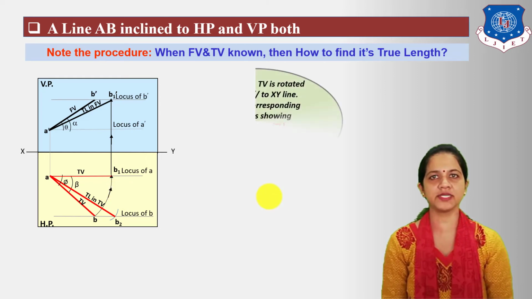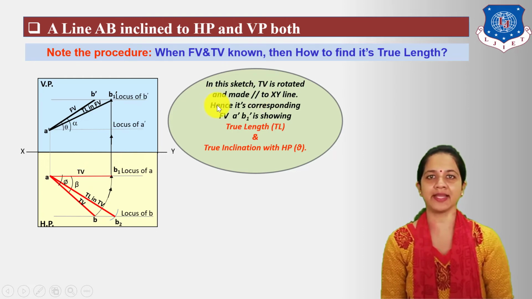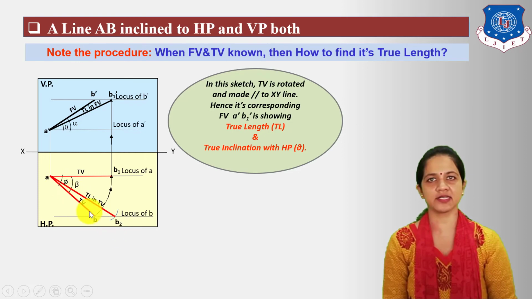Now the conclusion of this drawing procedure is, in this sketch, top view is rotated and made parallel to the XY line. Hence, its corresponding front view A dash B1 dash shows true length and true inclination theta with HP. Similarly, by rotating front view and making it parallel to XY, we can find its corresponding true length in top view.